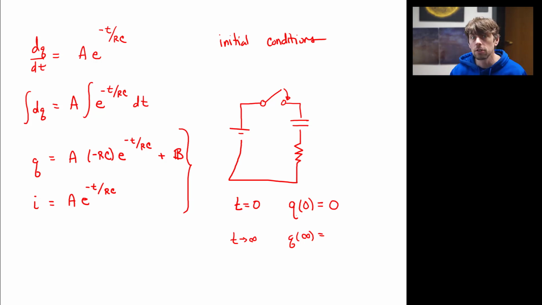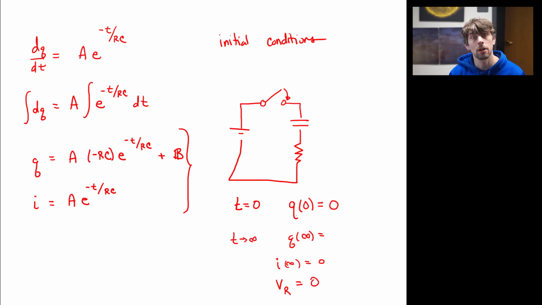Now, if the capacitor is fully charged, what can you tell me about the current running through the circuit? Yeah, good. If the capacitor is fully charged, the current running through the circuit is equal to 0. Which means, what can you tell me about the potential drop across the resistor? Yeah, good.